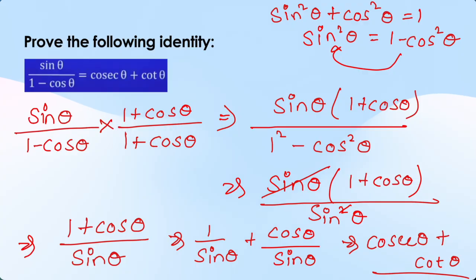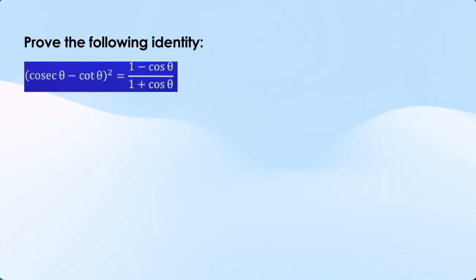Now coming to the next identity. We have to prove that cosec theta minus cot theta the whole square. I know if the right hand side were given to me, what I will be doing? I will rationalize it. I will multiply the numerator with 1 minus cos theta and the denominator also with 1 minus cos theta.